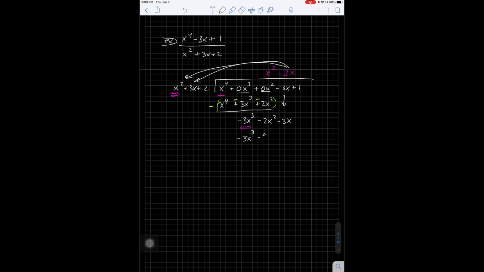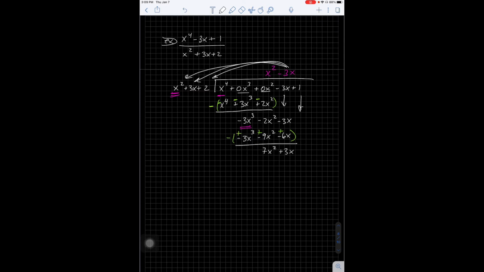There, negative 9x squared, and negative 6x. I'm going to put subtraction in front of this, which is going to change this to plus, plus, and plus. Now I combine. The first two terms cancel. If they do not, you did something wrong. A negative 2 and a positive 9 is going to be a positive 7. And a negative 3 and a positive 6 is going to be a positive 3.